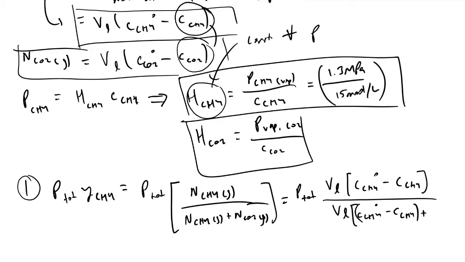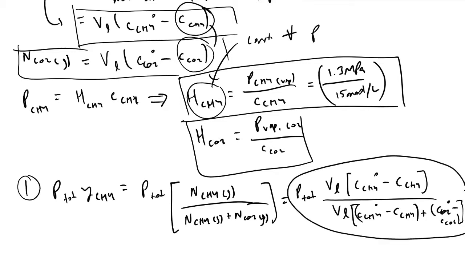We're going to add in the moles of the carbon dioxide, C_CO2 naught minus, and sorry if we're going off the page, C_CO2. And so now we will have fully defined what the left side of our equation is for Henry's law.